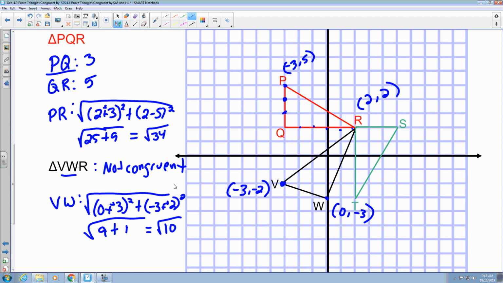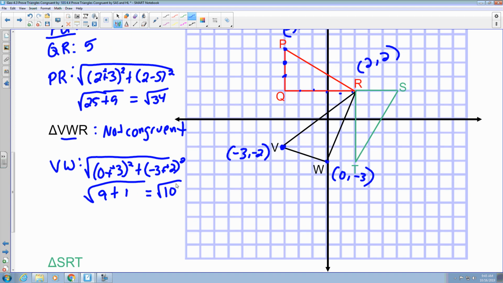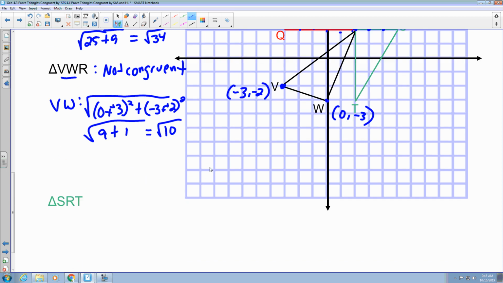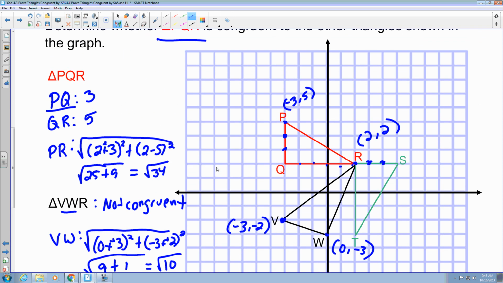Okay, so now we've got to look at SRT. First thing we're going to look at is SR. Actually, I can just count this: 1, 2, 3. Great. SR is 3. That corresponds with PQ.